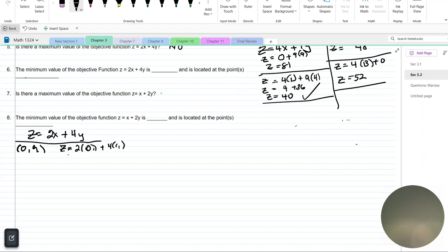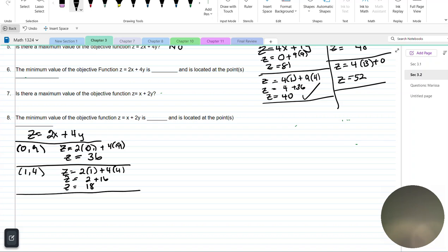So z is 36. All right. So now we're going to do the second point, which is (1, 4). So z equals 2 times 1 plus 4 times 4. That means z equals 2 plus 16, 18. That looks pretty low.